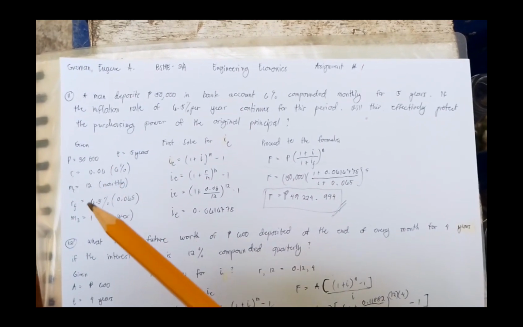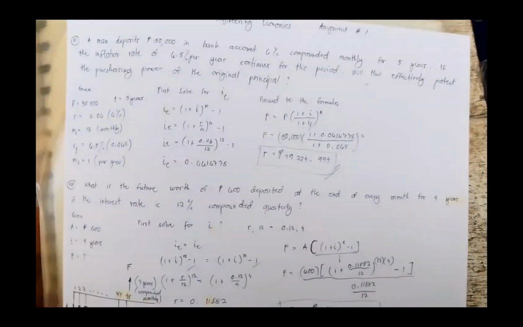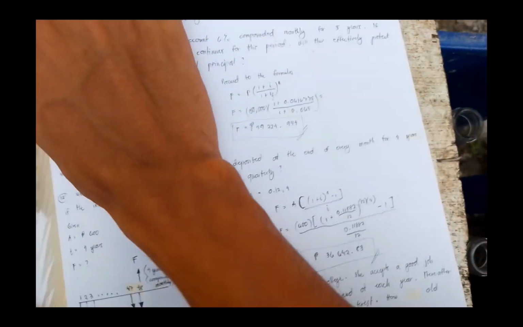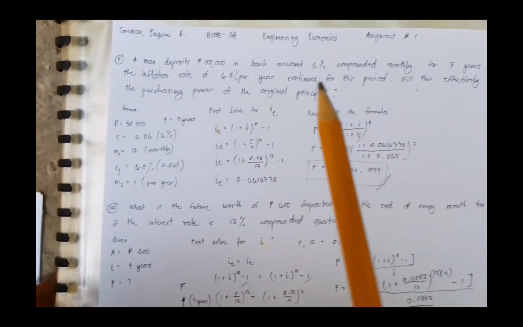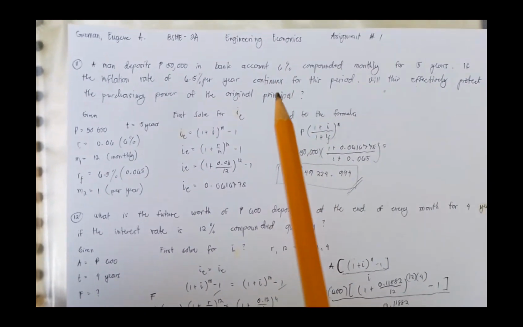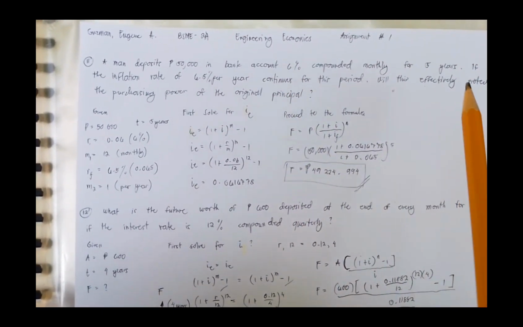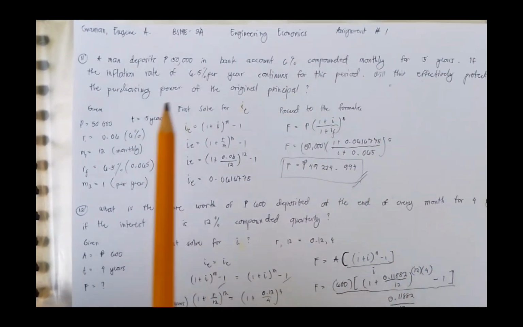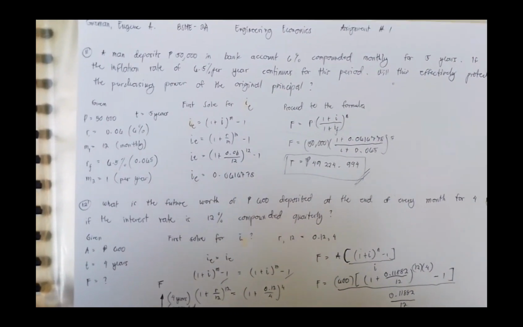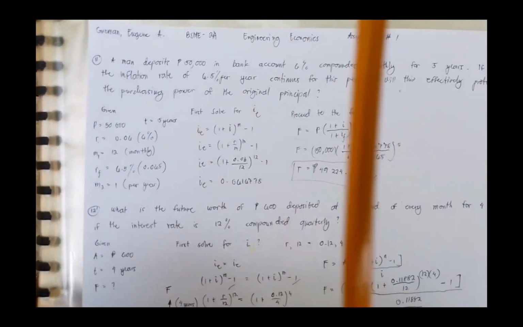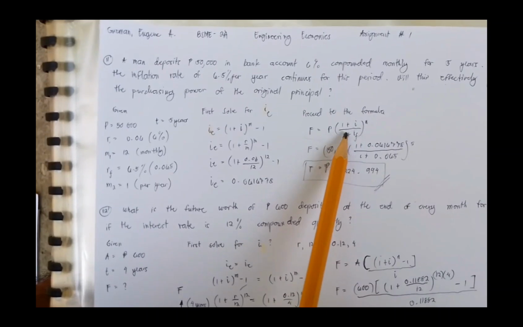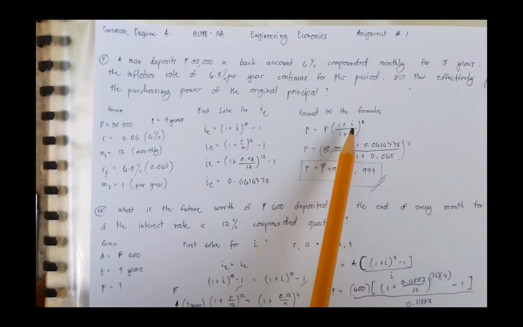This is our given. Then now, since the problem is compounded monthly for 5 years, you can just substitute using compound interest, for we have an inflation rate to consider also.